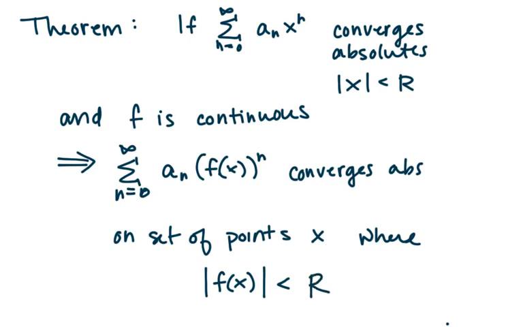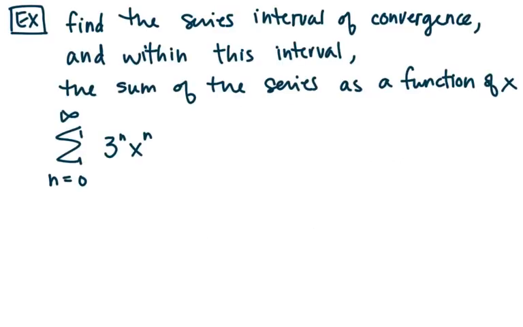So let's do one example. Let's find the series' interval of convergence. And within this interval, we're going to determine the sum of the series as a function of x. So here we have the series from n equals 0 to infinity of 3 to the nth power times x to the nth power.